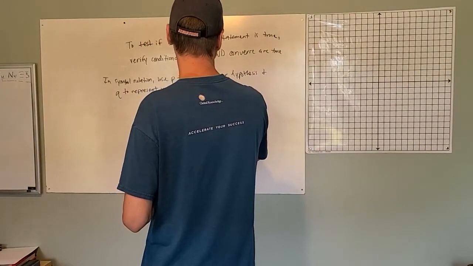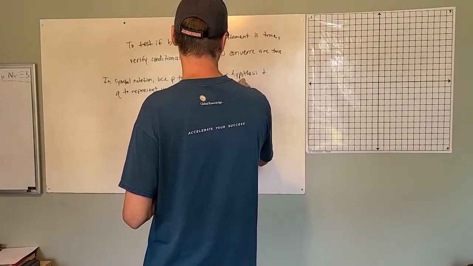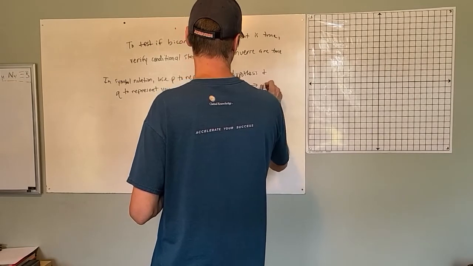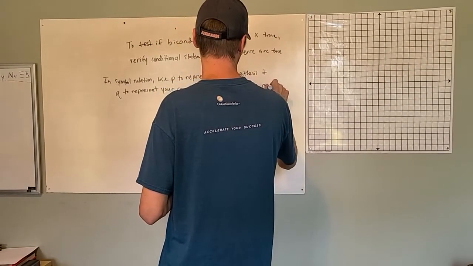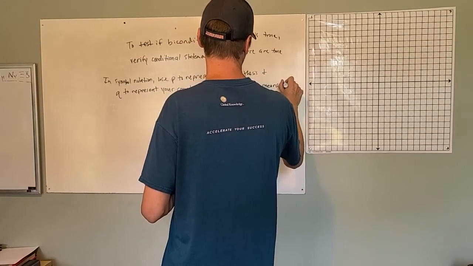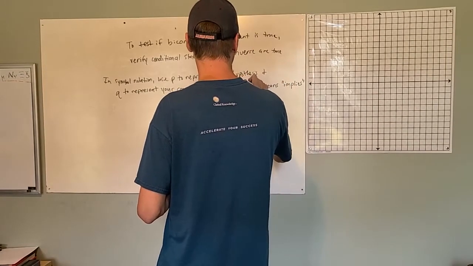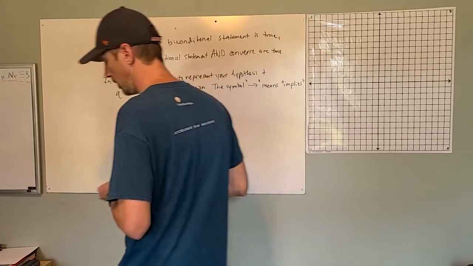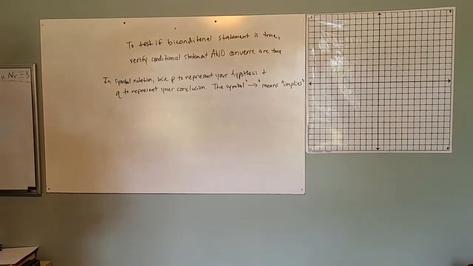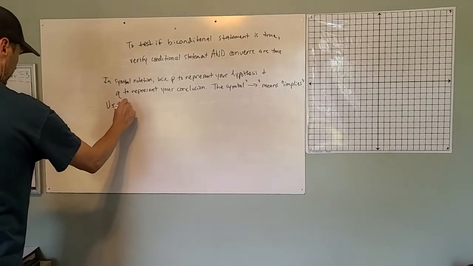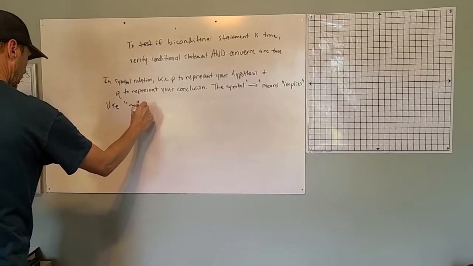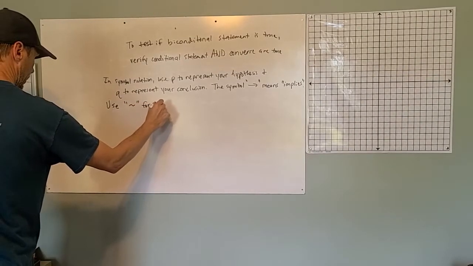The arrow symbol means implies. So I'll put the symbol in quotes too. If you see that arrow, you can read that as implies if you were reading a statement like that. Use this symbol for negation.